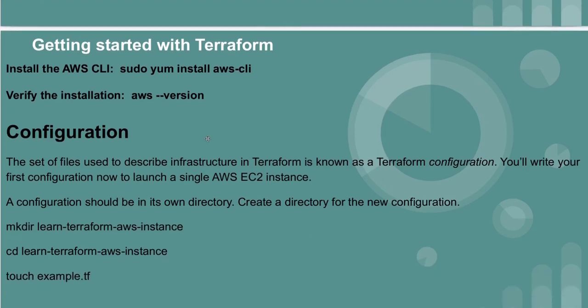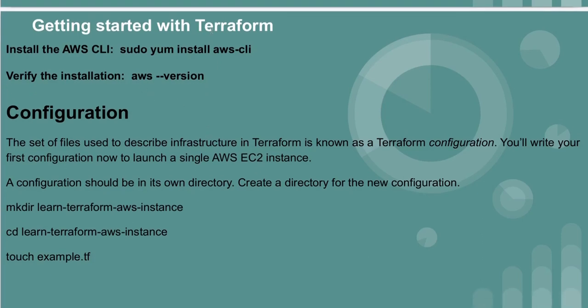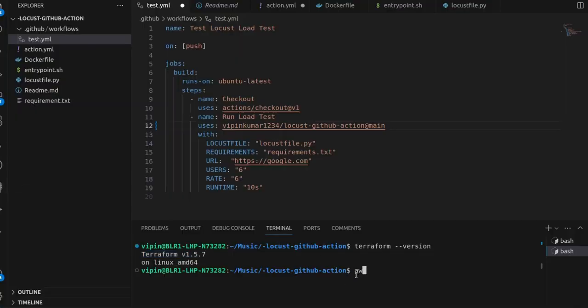Once you have completed the installation of the AWS CLI, you have to run the aws configure command to configure your access key and secret key to work with Terraform. Let me show you aws configure.